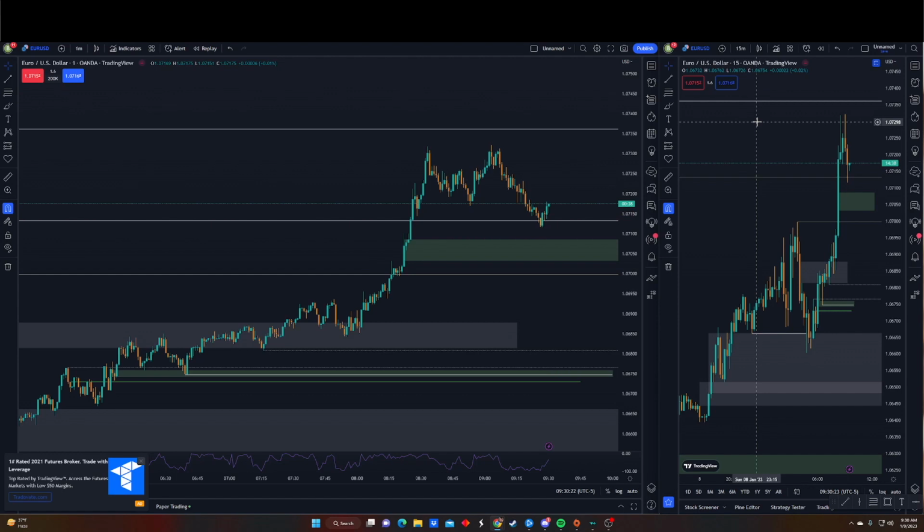I wasn't too comfortable or too confident that we would get there. I wanted to see how price reacted off of those old buy stops, which currently looks like it's holding support, 107.133.